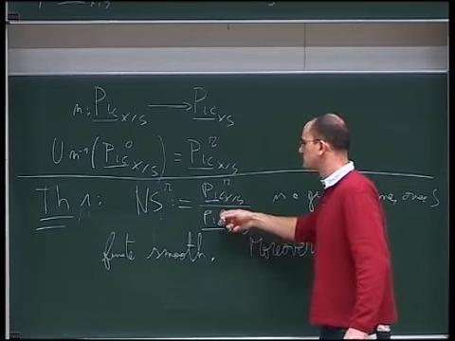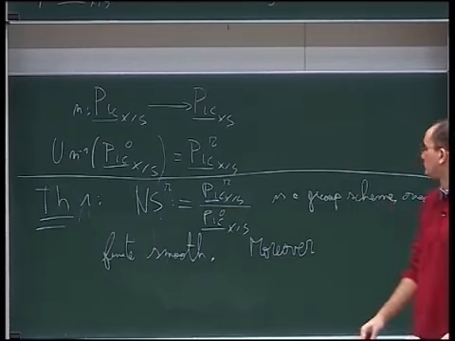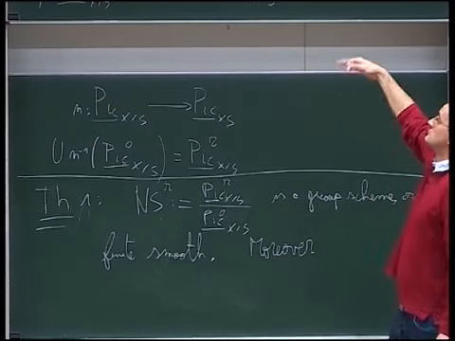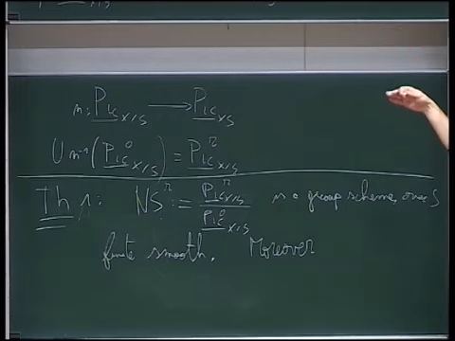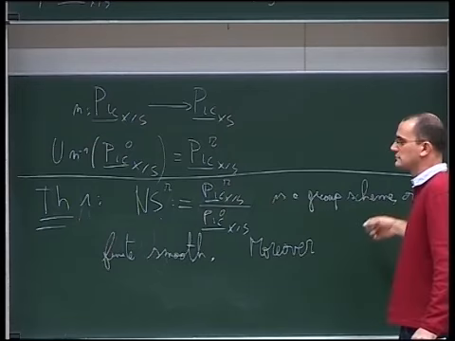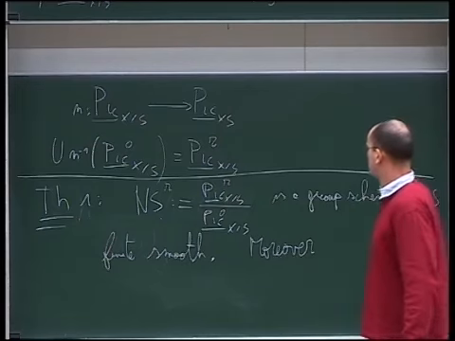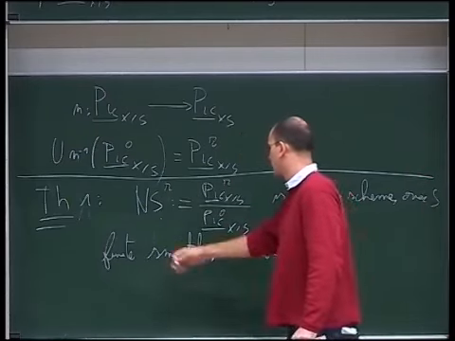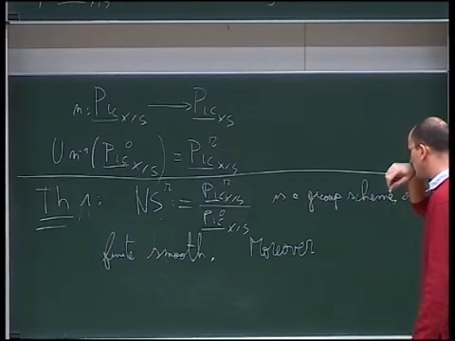Yes, you take the quotient in the FPQC topology, but as I said, with these assumptions, one can prove it is representable by a group scheme, which is finite and smooth. This requires a little work to prove that.